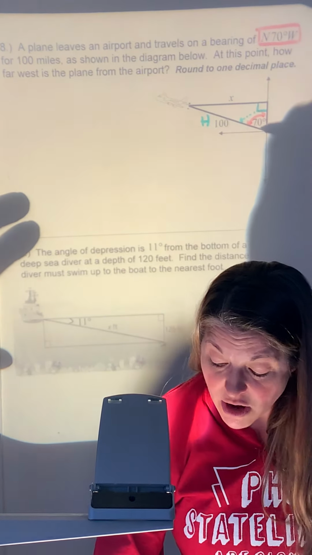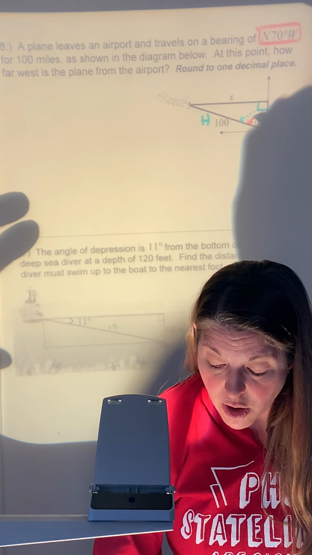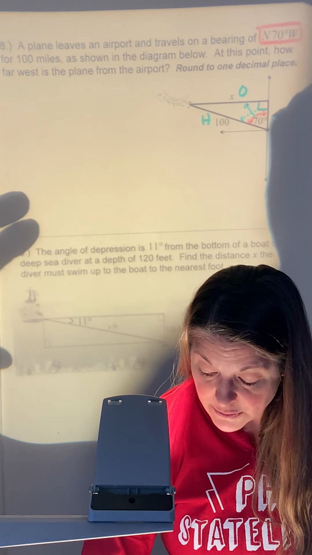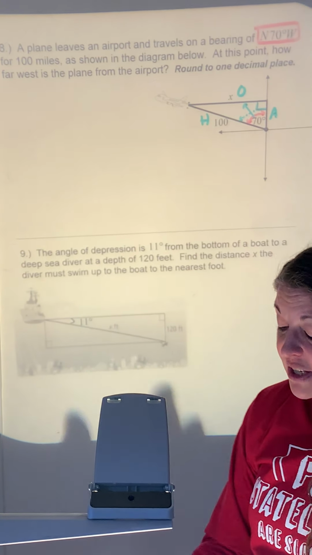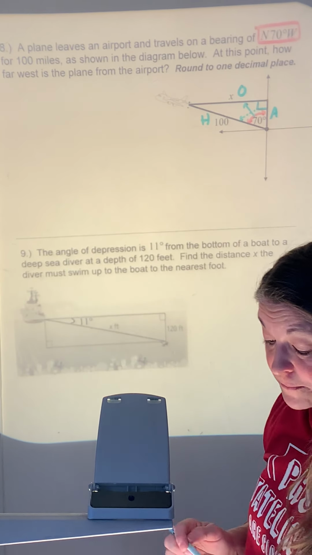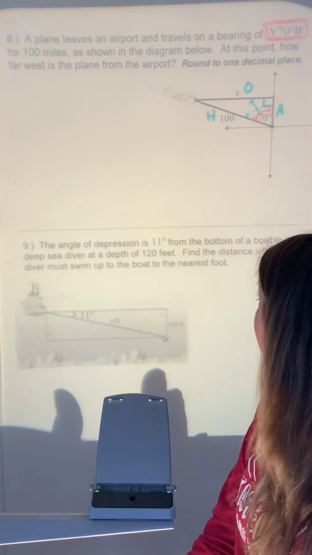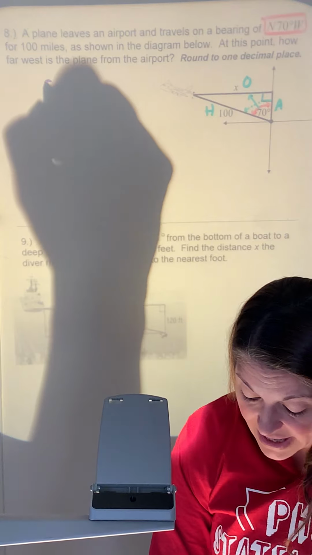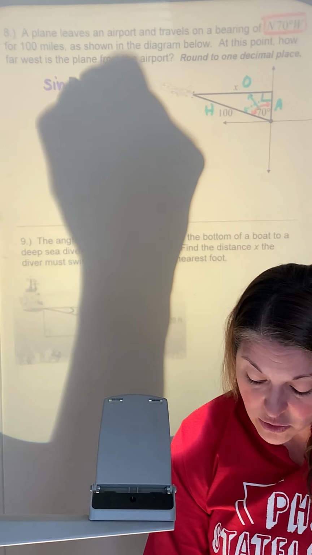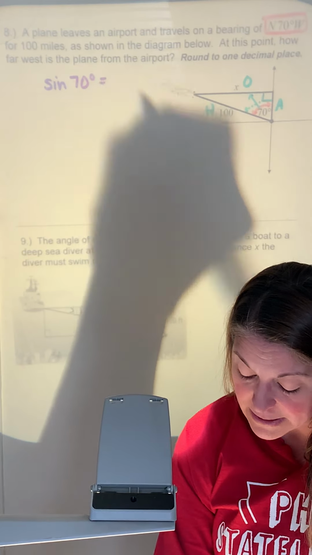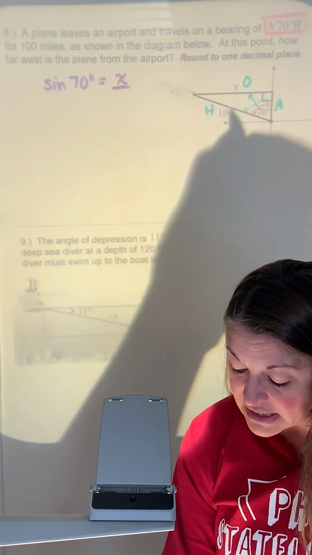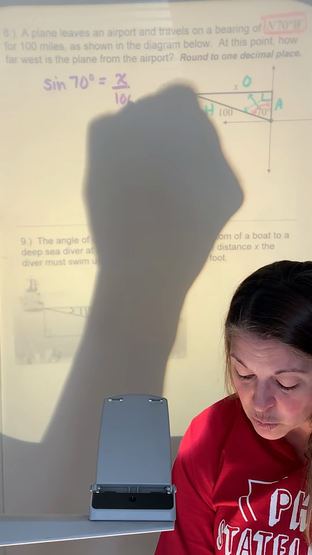Across from the 70 is the X. This guy would be your adjacent, however, there's nothing on there, so we're not going to be concerned with using that. We're writing the sine equation. So again, we start with sin, our angle, which is 70 degrees, our opposite, which is X, and our hypotenuse, which is 100.